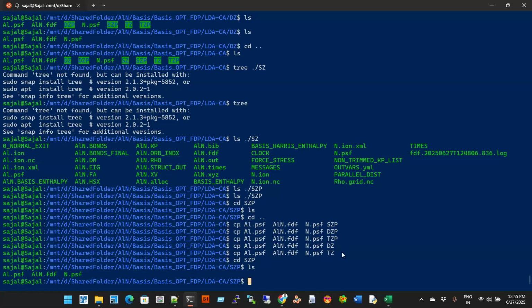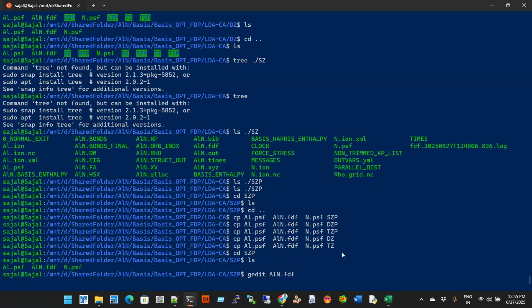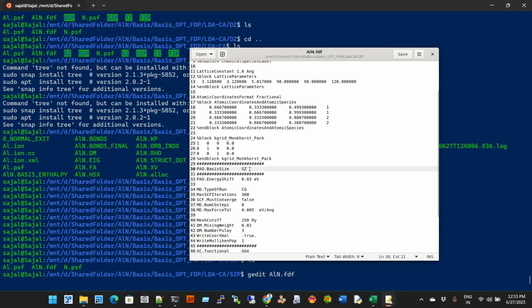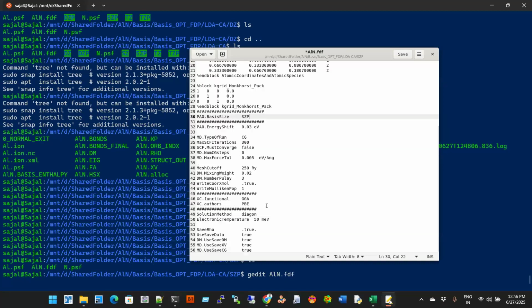Okay, this is aluminum nitride, and this is SZP, and this one is LDA CA.